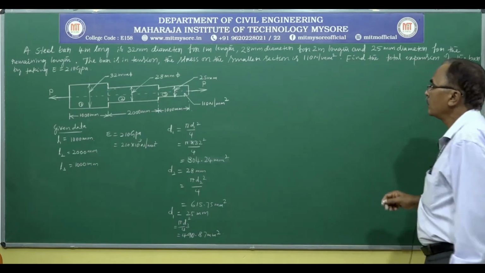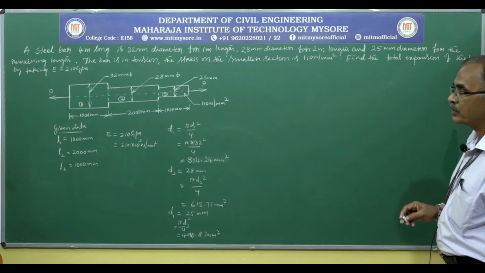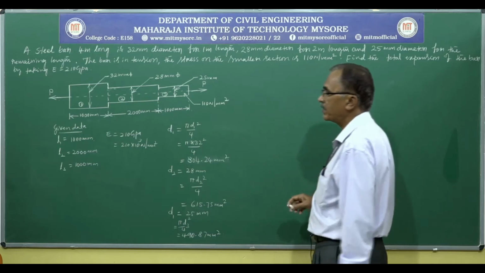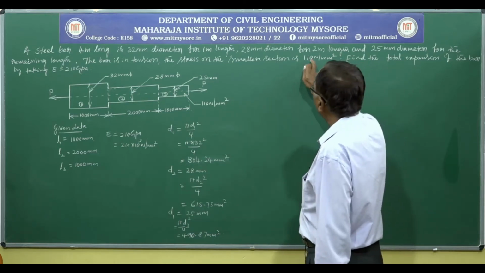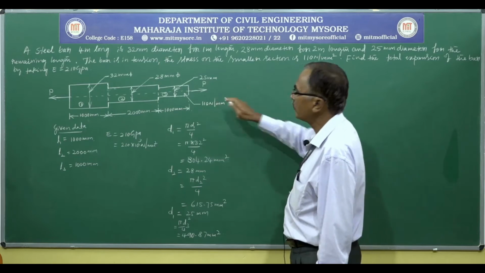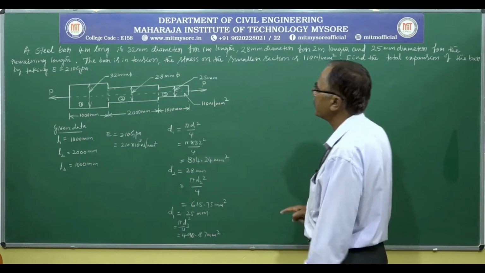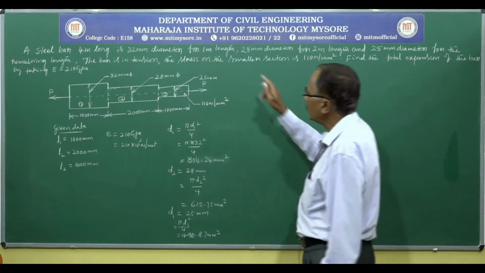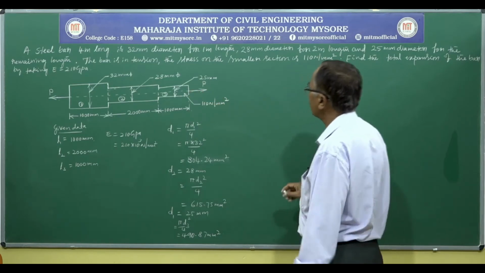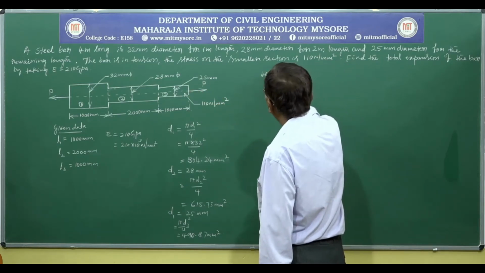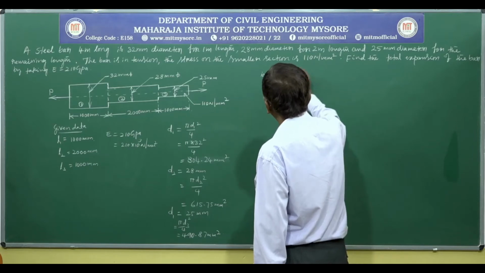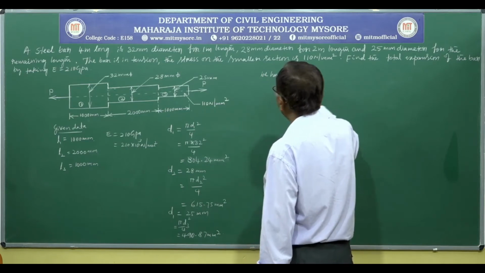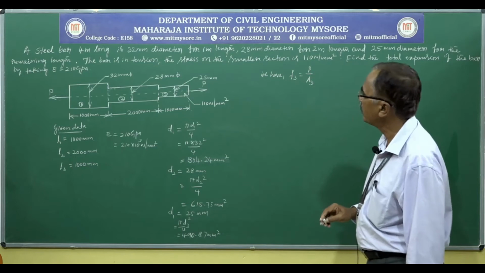It is asked to calculate total expansion, and we do not know the applied tensile load. For that, given the stress in the smaller section is 110 Newton per millimeter square. Since the bar of varying cross section is subjected to a common tensile load, we can calculate load P by considering the stress in the smaller portion. Next, we have F3 is equal to P divided by A3, that is F3 is the stress induced in the third portion.